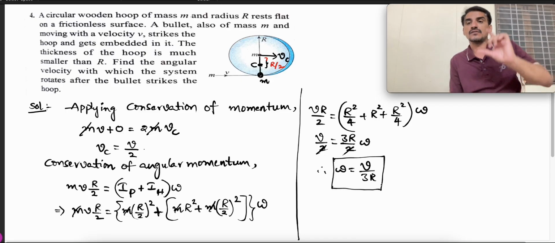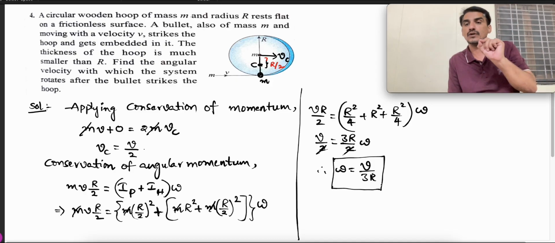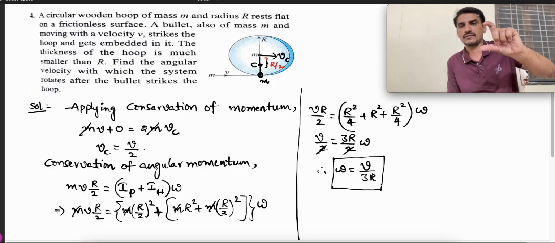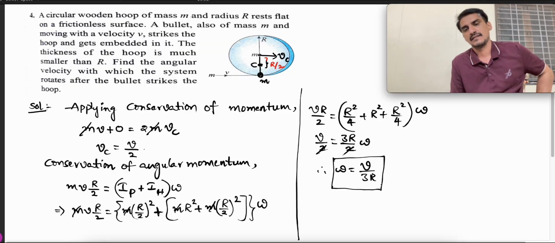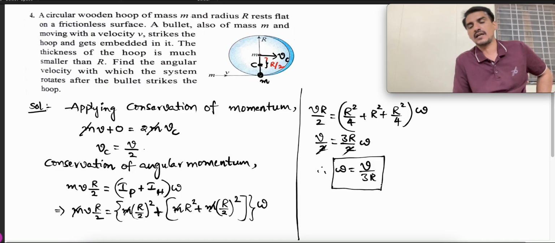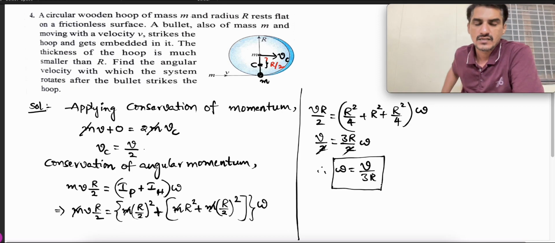So that we need to consider the center of mass of that whole hoop plus bullet. Center of mass of that whole hoop plus bullet is what? Exactly at the center, because both of them have same mass. So about that C, I am going to apply conservation of angular momentum, and finally I have got it as omega is equal to v by 3r. That's it. So this is about that solution.